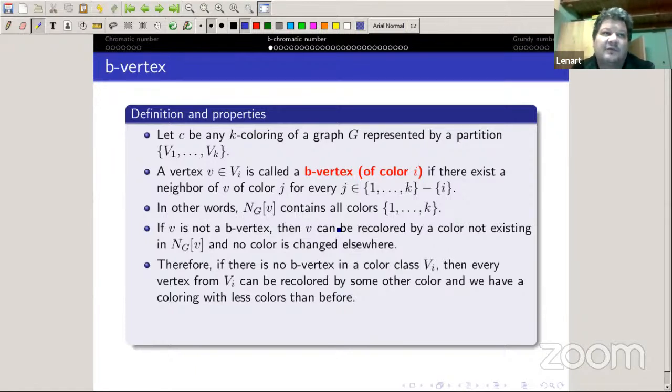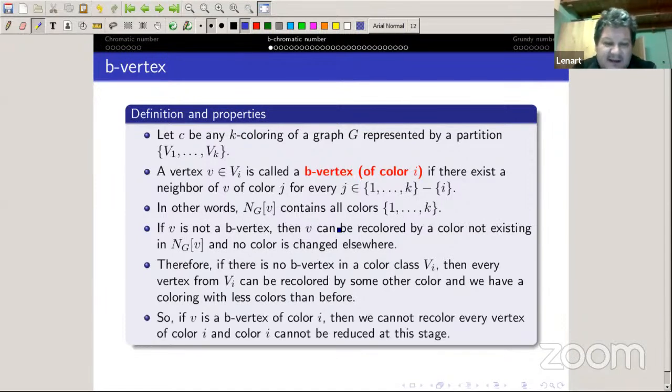To do that, we are not allowed to have b-vertices in this color class. If we have a b-vertex of color i, then we cannot recolor every vertex of color i, and color i cannot be reduced.